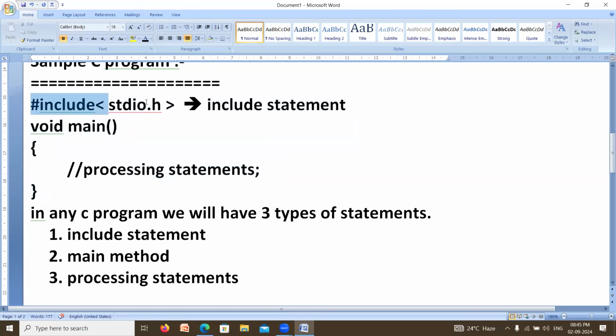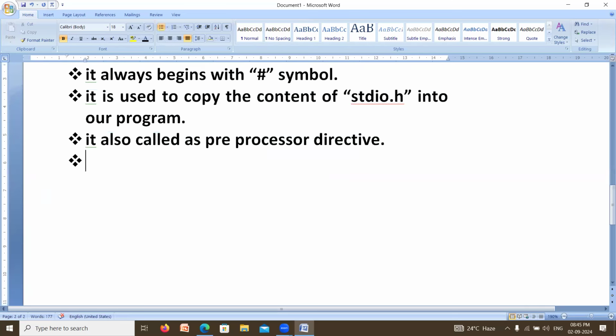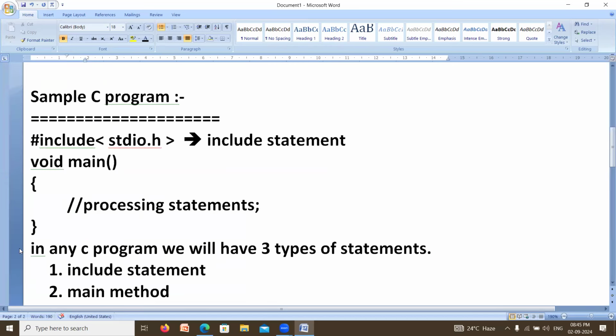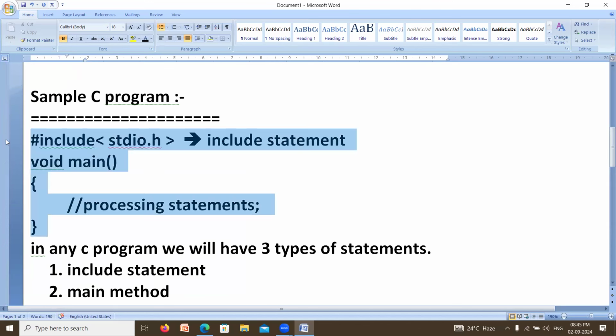This line will be executed at the time of compilation, so it is called preprocessor. It will execute at compile time. Who will convert this code into machine understandable form? A special software will convert it. The software name is compiler.